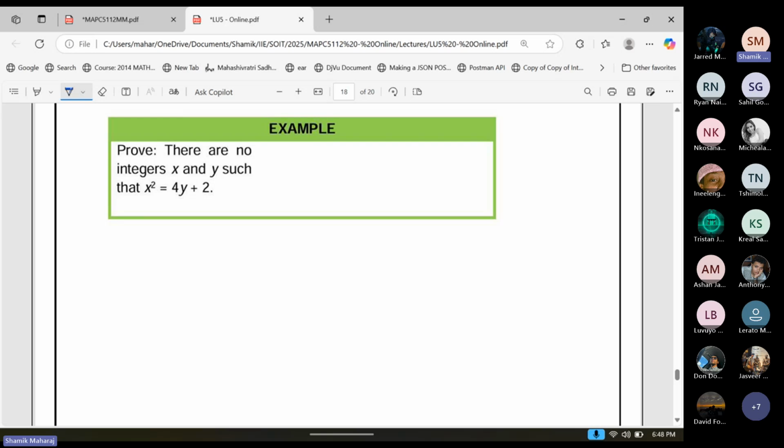So let's assume the original part is right. It says there are no integers x and y such that x squared equals 4y plus 2. So we will assume there are integers x and y. I'm sure that leads to nonsense. And how would we show that?